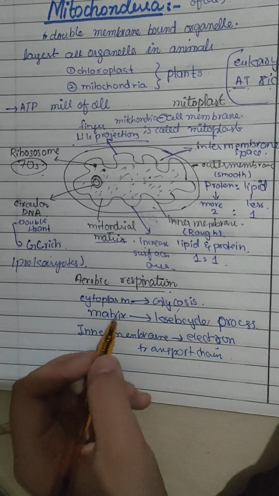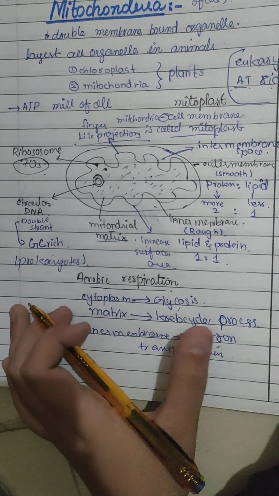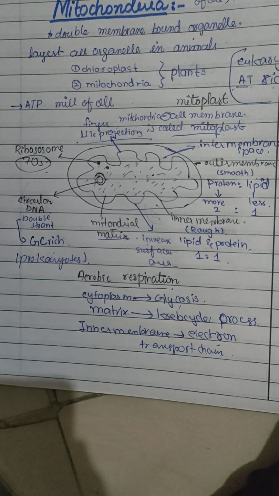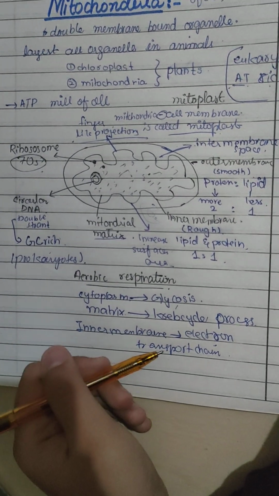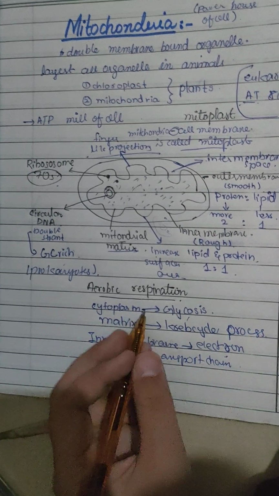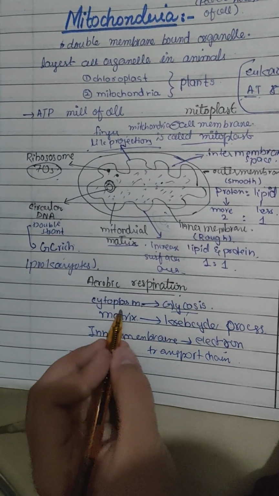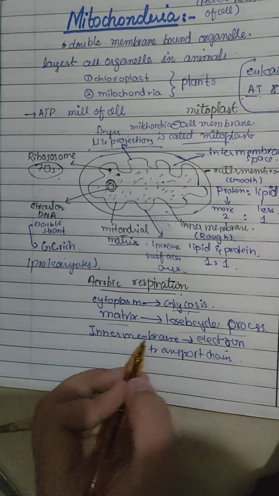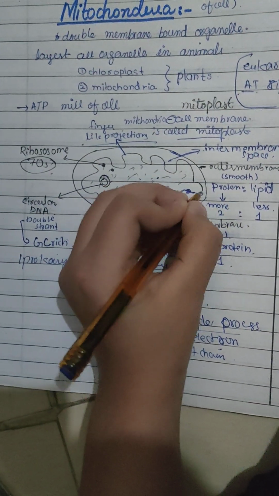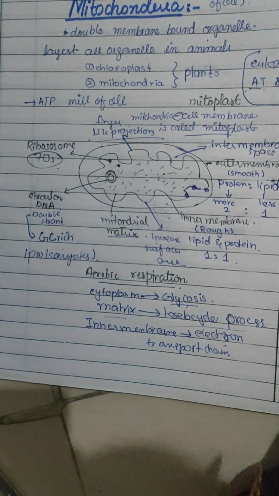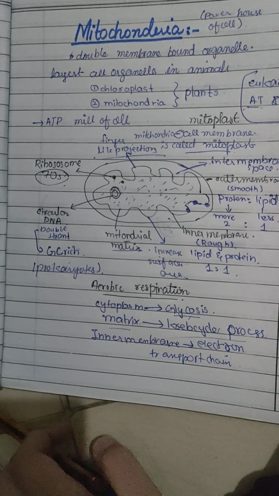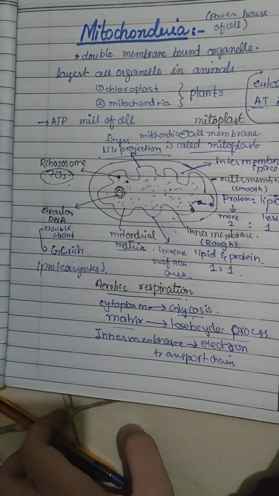These all three processes we're gonna discuss in the bioenergetics chapter. So be patient, we will discuss each and everything in that topic. So glycolysis occurs in cytoplasm, Krebs cycle in matrix, and electron transport in the inner membrane. This is the inner membrane, and here the channel proteins are present, in which the electron transport chain occurs. Fine. Hopefully till that is clear to you guys.